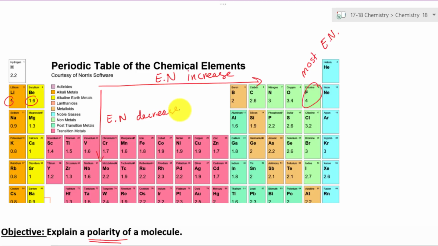Just paraphrase this in your notes. You can just draw it like this: going across, EN increases, and going down, EN decreases. You don't have to draw the whole periodic table.